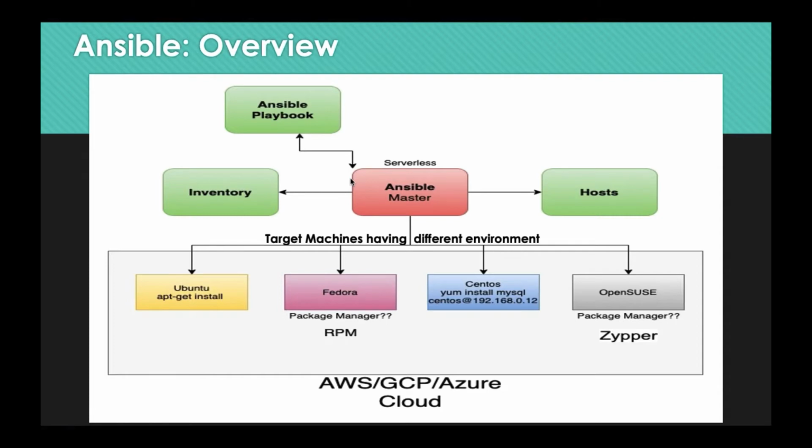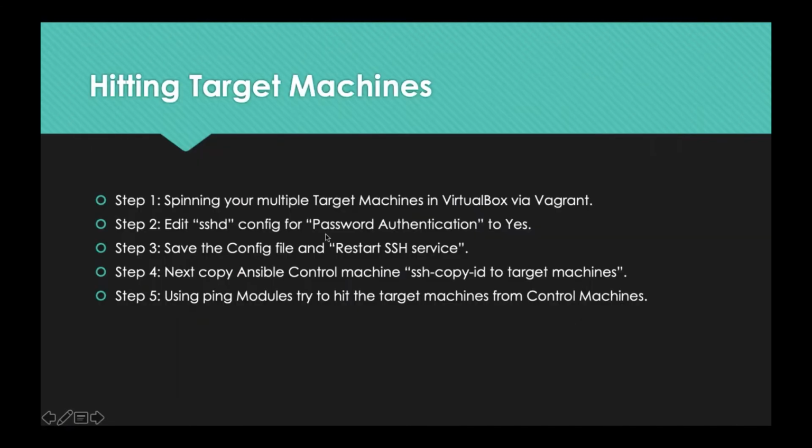With the help of that SSH and that port only, the Ansible master machine will try to hit those remote machines. So you don't need to install any kind of agent on your remote machine. This is a very much agentless Ansible configuration management tool.